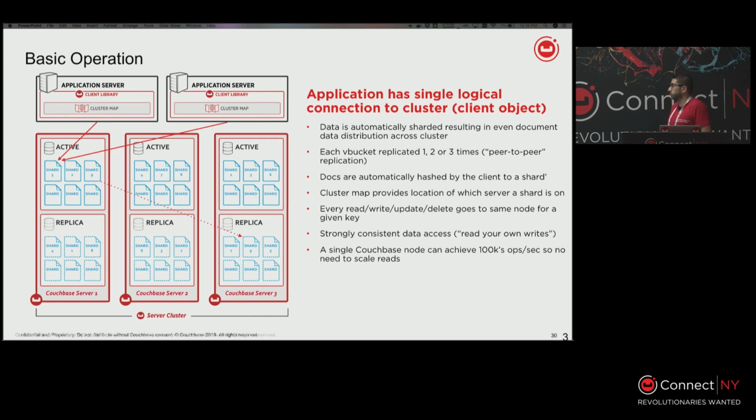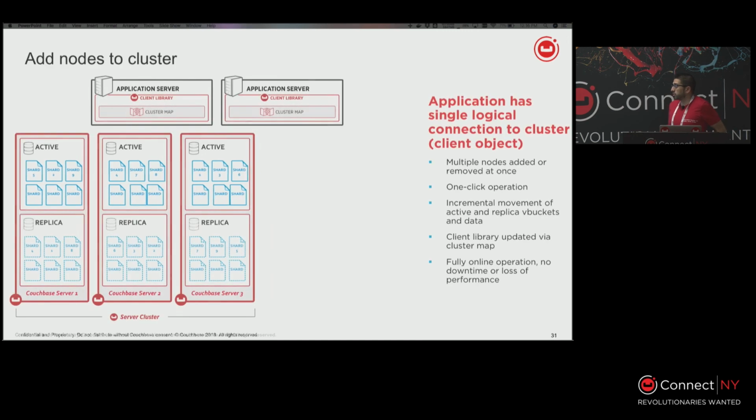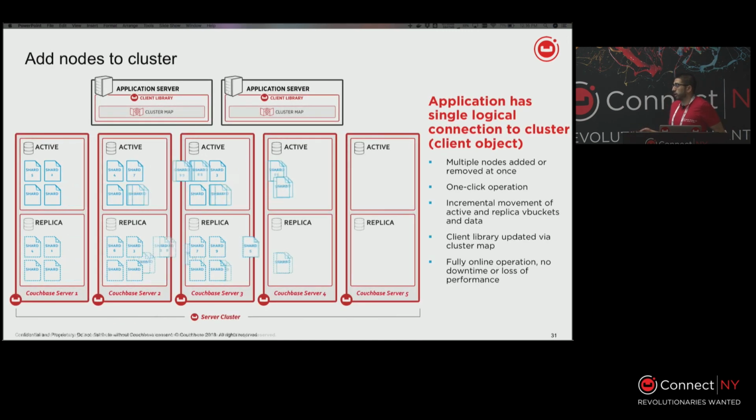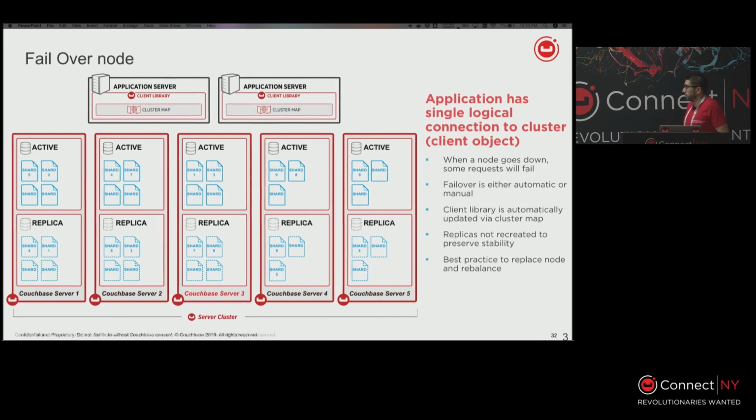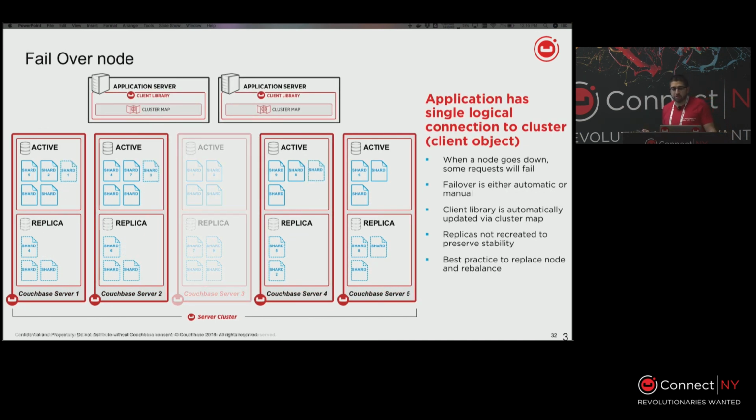Because the data is distributed evenly, the SDK will know which shard to go to, to get the data. If the topology of the cluster changes and you add nodes, Couchbase redistributes those shards, like in this drawing, and the cluster map gets updated. This animation shows that. And also, if a node fails, a similar thing happens. The cluster map gets updated.